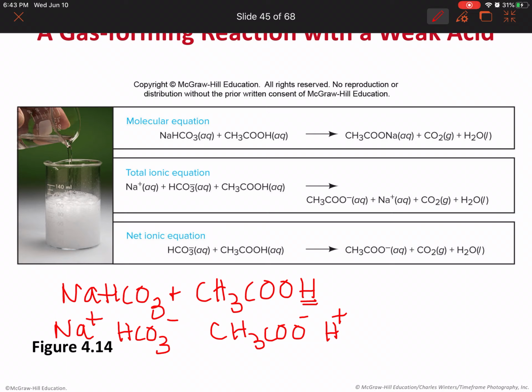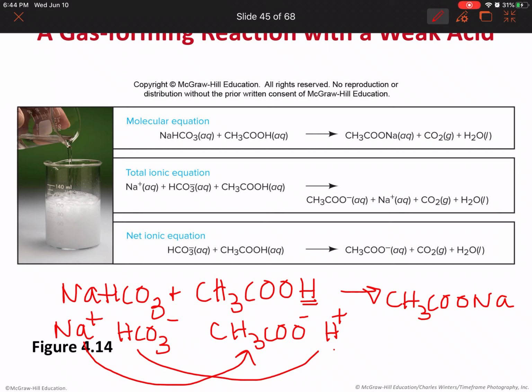Now when this forms the product, the sodium ion is going to combine with acetate to give CH3COONa, sodium acetate. And the H plus is going to combine with hydrogen carbonate. So H plus and HCO3 minus will make H2CO3. This is carbonic acid.